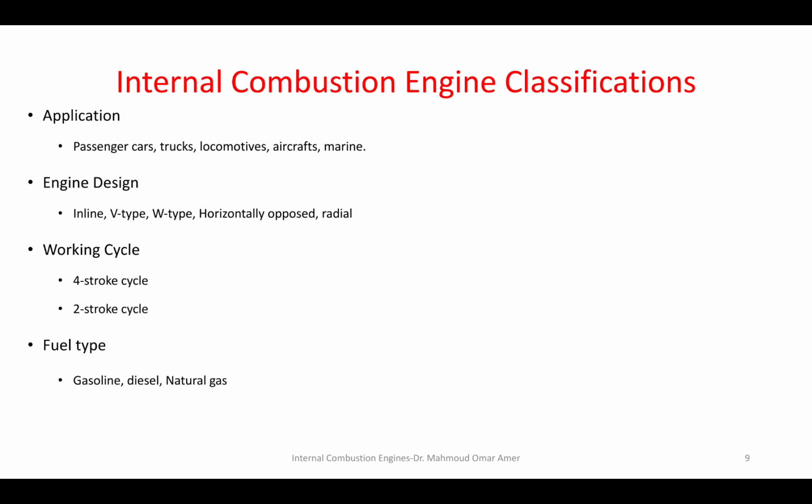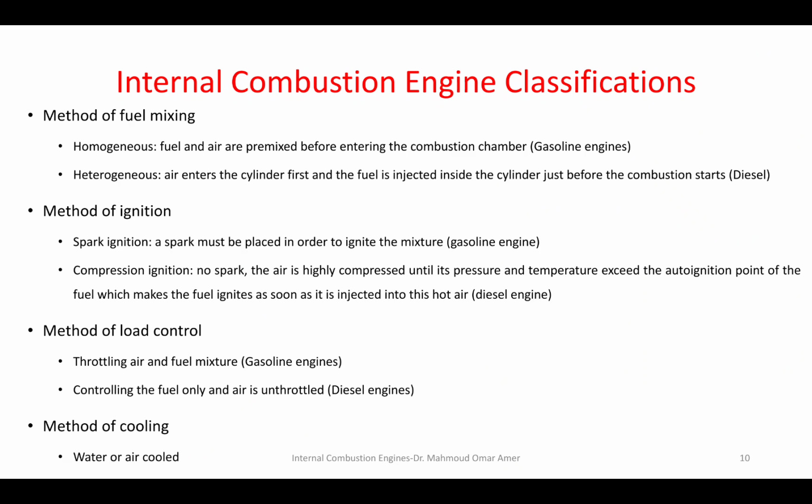The engine classification, another classification is according to the working cycle. You could have a 4-stroke cycle or a 2-stroke cycle. According to the fuel type, it could be gasoline or diesel or natural gas. Another classification is according to the method of fuel mixing. Okay?